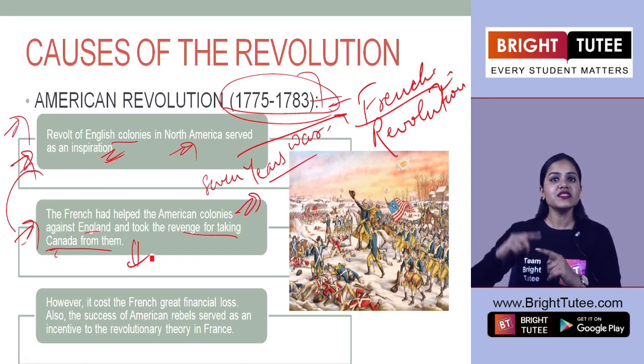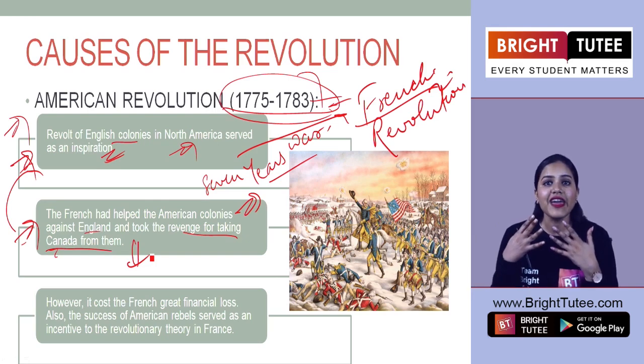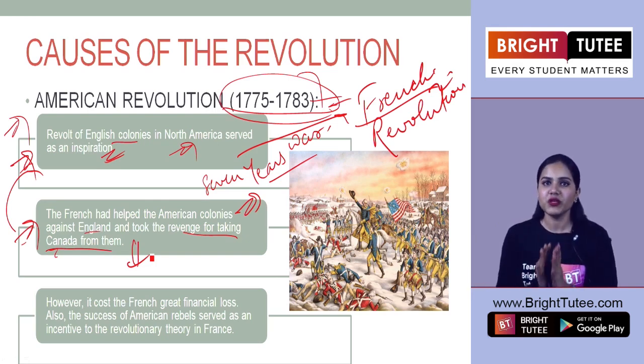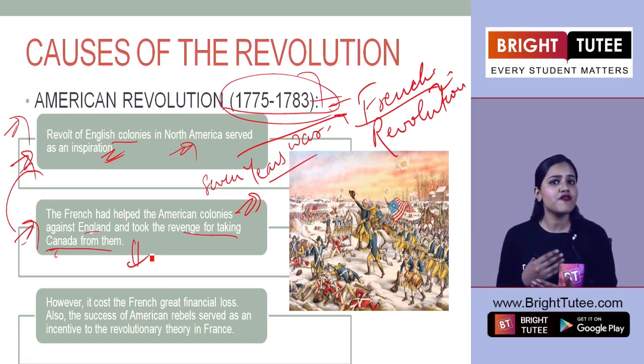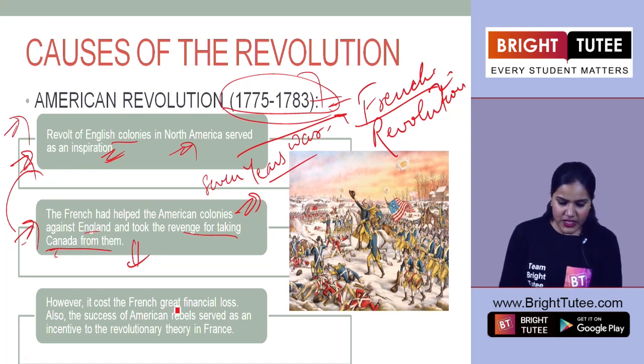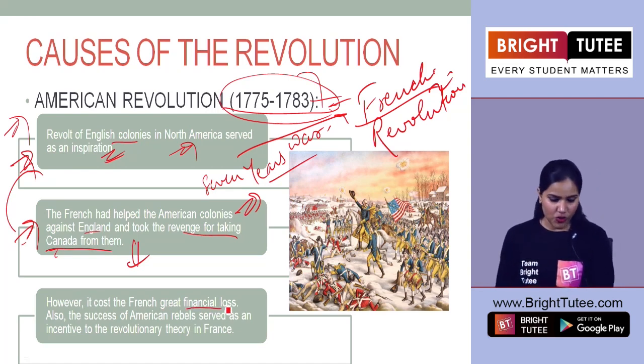Why? Because now the French kings decided to impose a heavy tax on common people. When common people have to pay those heavy dues, definitely they are going to get angry with the king. So it became one of the causes for the French Revolution. However, it caused the French great financial loss.